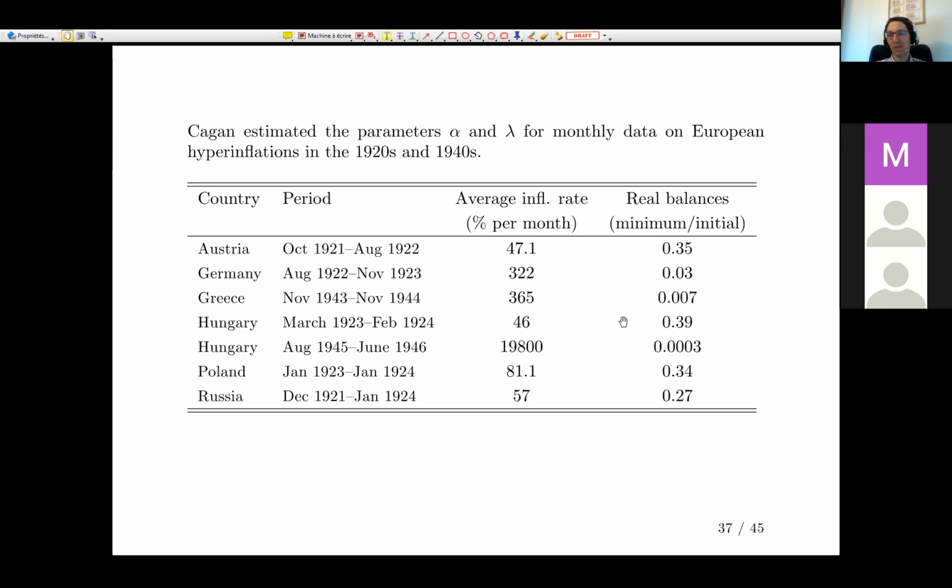And this is the real balances, the minimum level of real balances. Real balances means that you divide them by the price level, compared to their level before the start of the crisis. So don't get too scared about this.